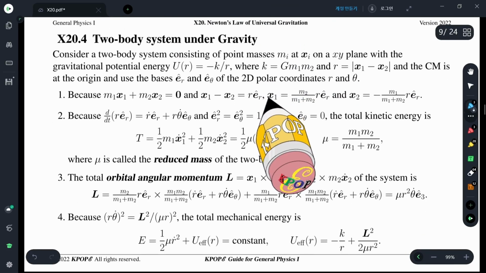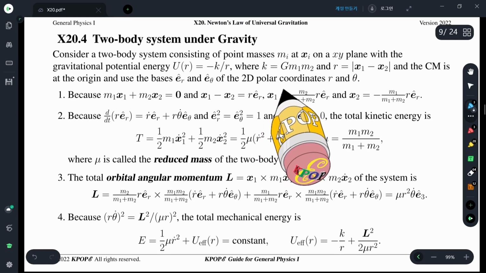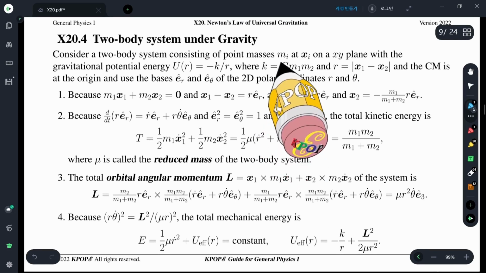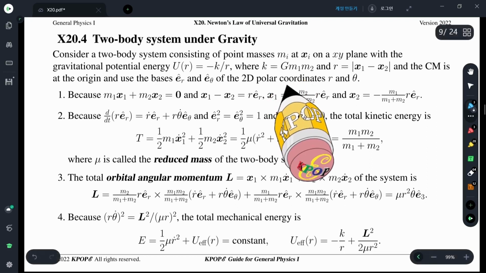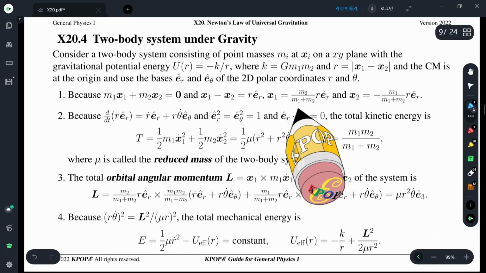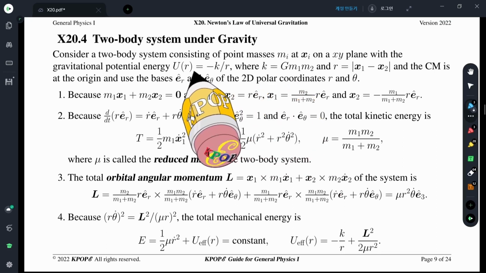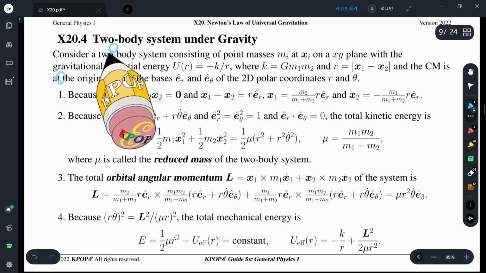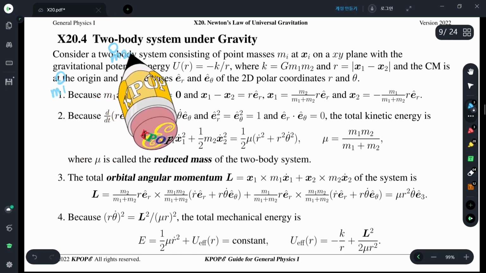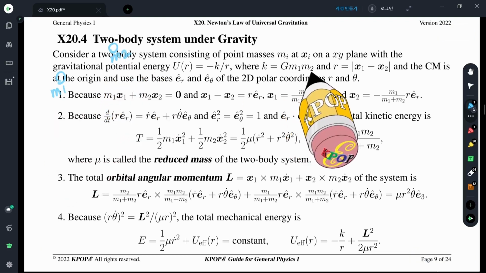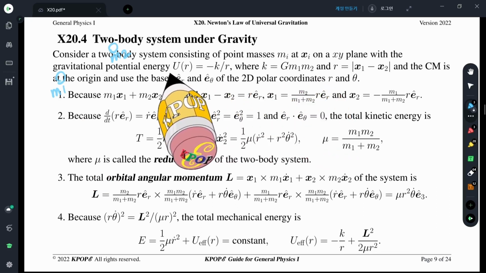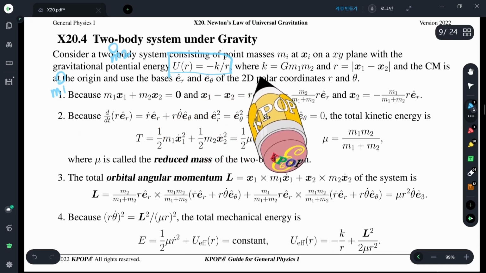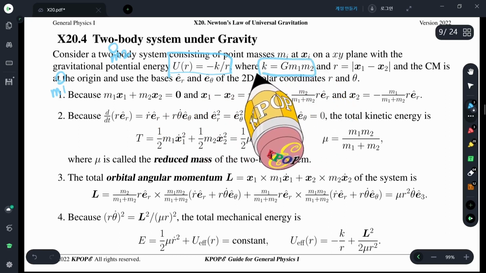So finally, we are ready to attack the problem, Kepler's law. This is according to the central force, that is the gravitational force. For simplicity, we consider the two-body problem, and the masses are m1 and m2, and the gravitational potential energy of this system is in this form, where K is G m1 m2.